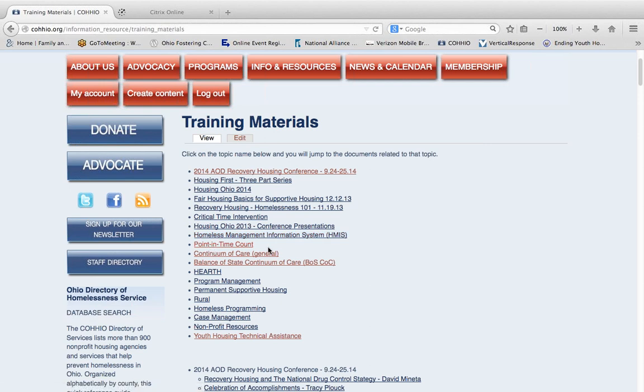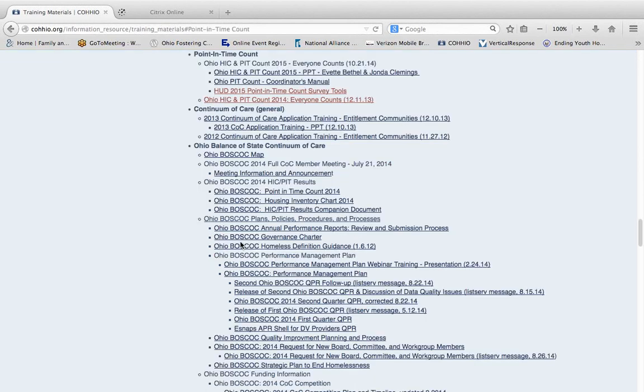The first few items listed at the top are anchored into the body of the document. If you click on Point in Time Count, it'll take you directly to the point-in-time count information that we've collected for this year's count.